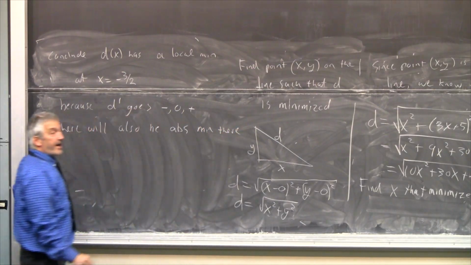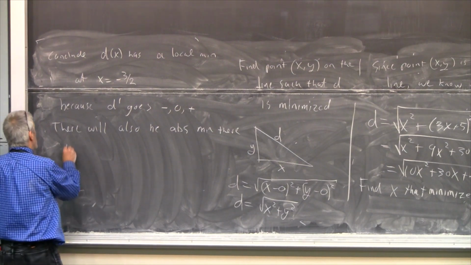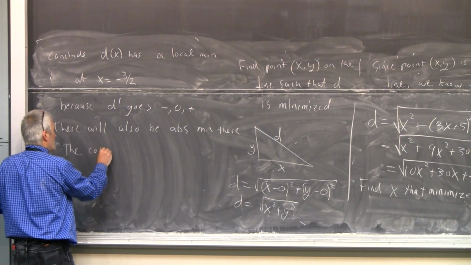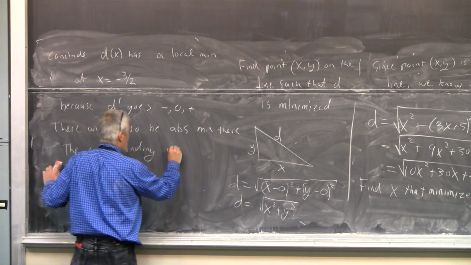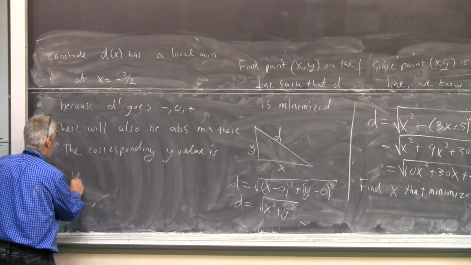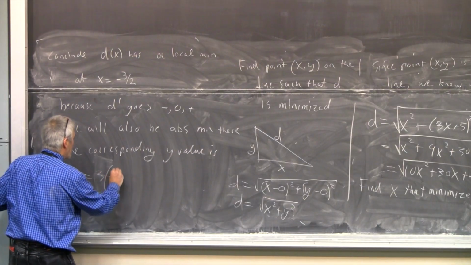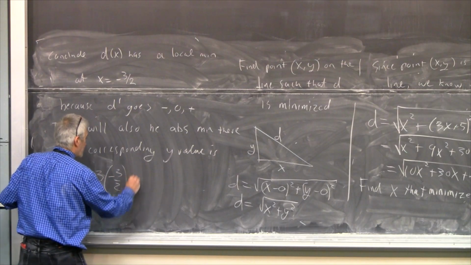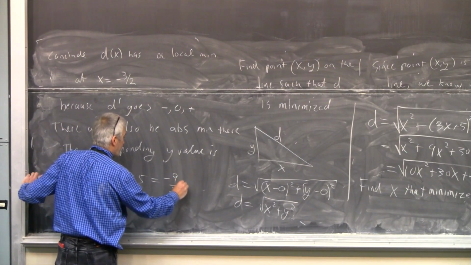Okay, so we found our x value. We just need to find our y value. Its y is going to be 3 times that x value plus 5. So that's minus 9/2 plus 5.